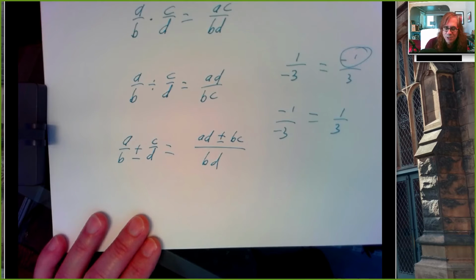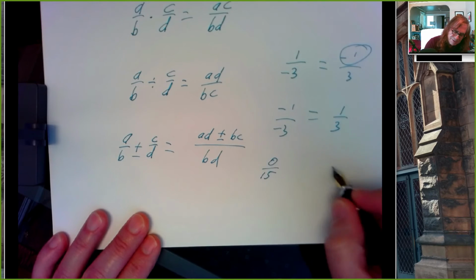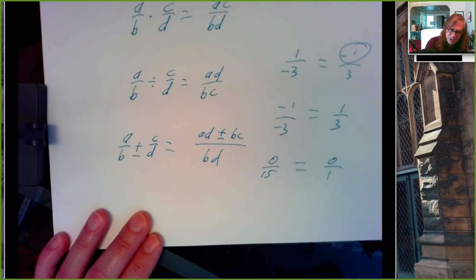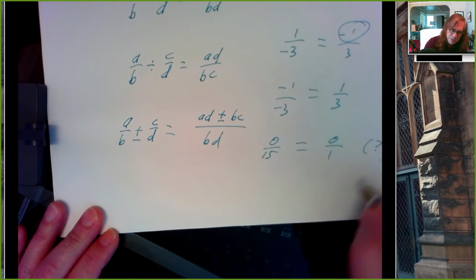So that's one normalization. If I have a fraction like 0 over 15, pretty easy to just change it to 0 over 1. They're the same thing, but now I know what a 0 looks like. That's optional.